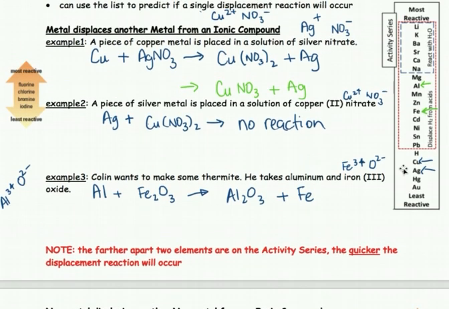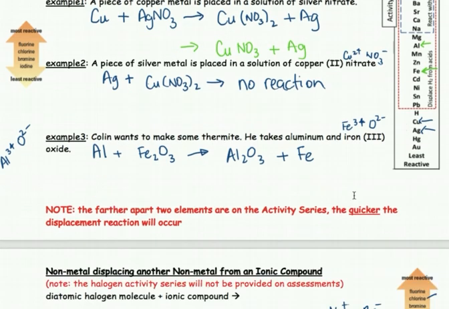And the greater the distance in the activity series, the faster the reaction is going to occur. If it's nice and close like that, it's almost like you're tied in the amount of power that you have, so it's going to take a little longer, but the reaction will occur. If copper tries to displace silver, it's just going to take longer, whereas if you're lithium and nickel, that's a big distance there, so that reaction is going to occur a lot faster.